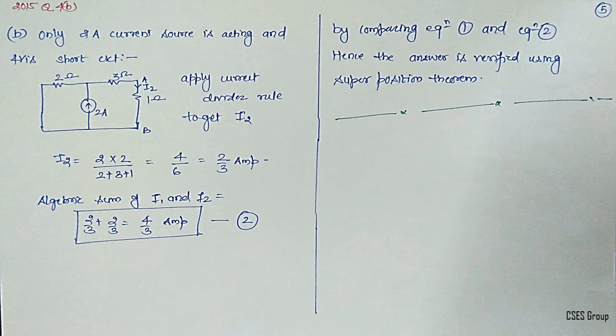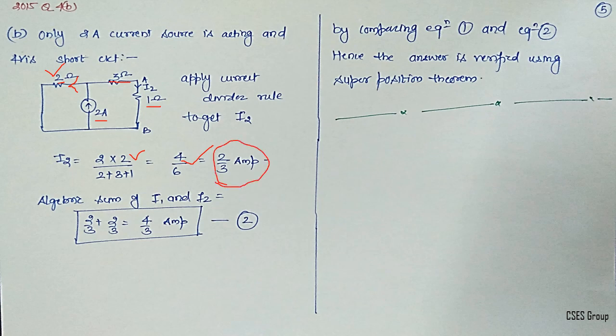So the equivalent circuit would look like this. Now you can simply use the current divider rule. So 2 multiplied with the resistance of the branch in which you are not interested, that is 2 here, divided by the total resistance. So 2 plus 3 plus 1, that is 4 by 6, which is 2 by 3.